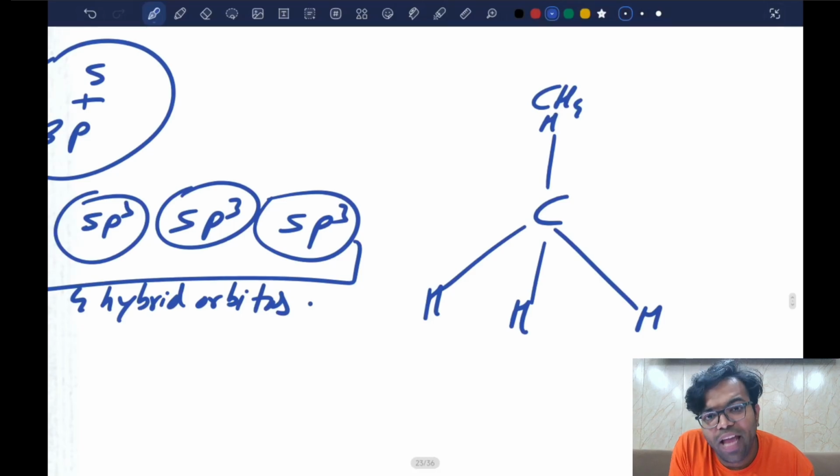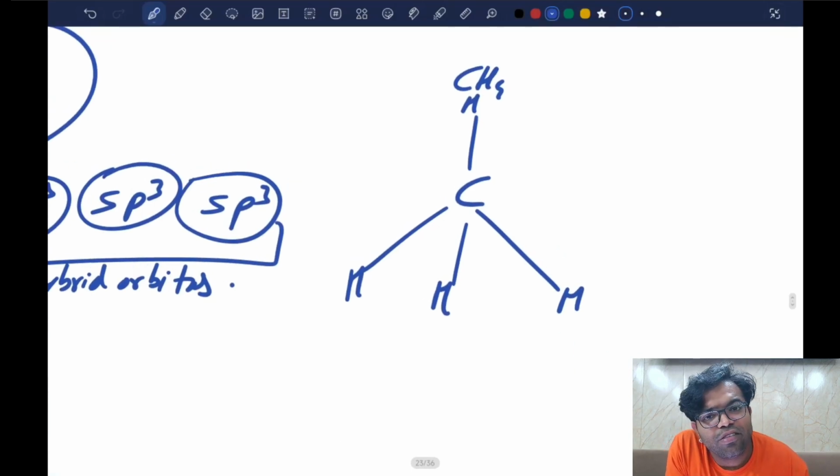You would have actually had hydrogen atoms having different bond lengths, having different bond enthalpies. And that is not something that we are observing. So basically, instead of having two s orbitals and two p orbitals actually participating in the formation of the bond, what did you do?